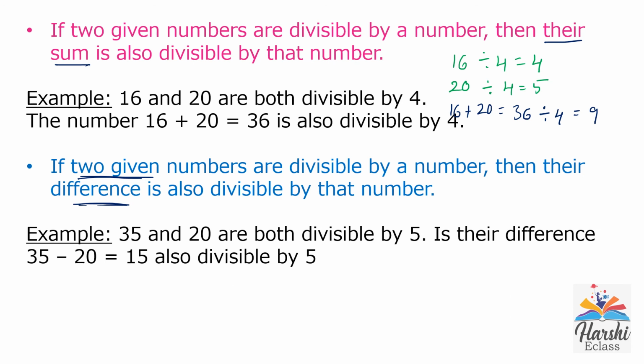Example, 35 and 20. 35 and 20 are both divisible by 5. 35 divided by 5 is equals to 7. 20 divided by 5 is equals to 4. So, their difference is also divisible by 5. Difference between 35 and 20 is 15. 15 is also divisible by 5 without leaving any remainder.